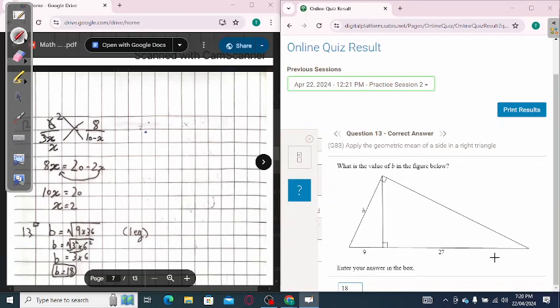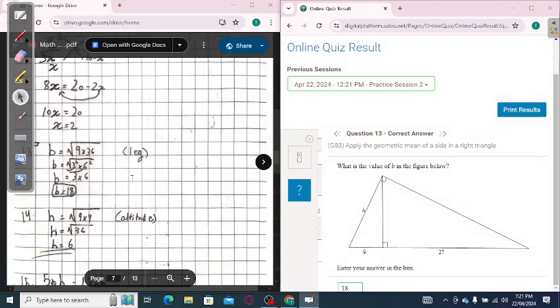It's going to be the geometric mean of the triangle that it's part of, multiplied by the sum of this one plus this one. So here it's going to be 9 multiplied by 36. 9 is 3 squared and 36 is 6 squared. You take them both out, it's 3 times 6, making B 18.